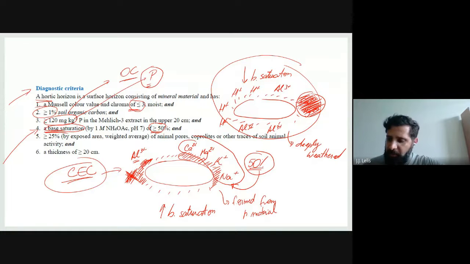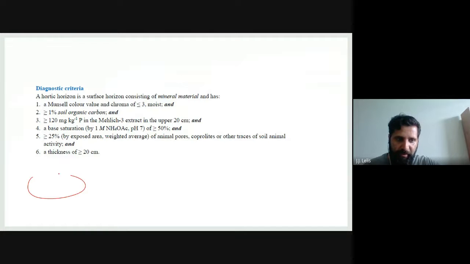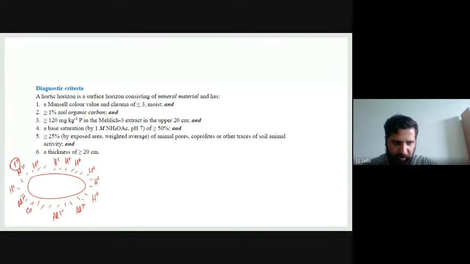Let me show, for example, this is a natural soil. In the first condition, we have a lot of hydrogen and aluminum, a very low pH, an acidic soil, and just a little calcium, okay?